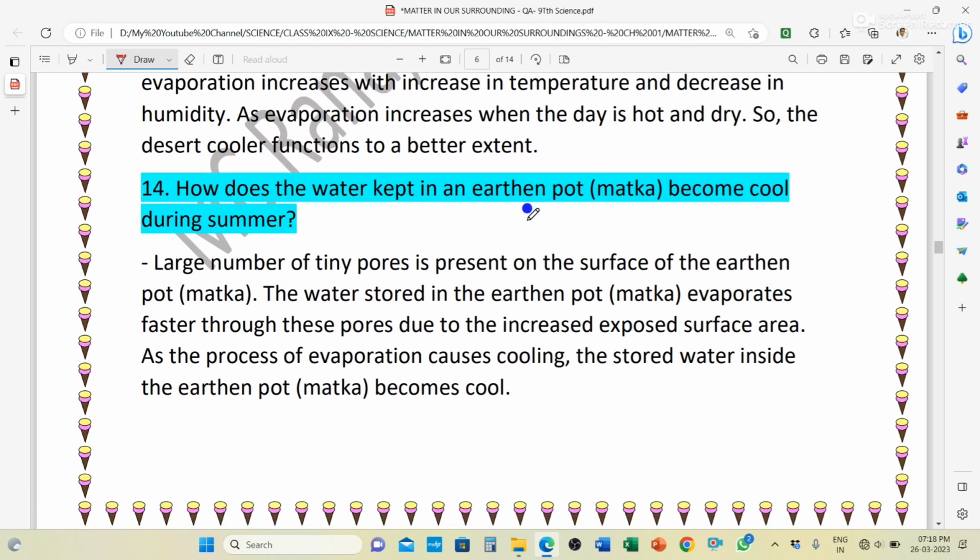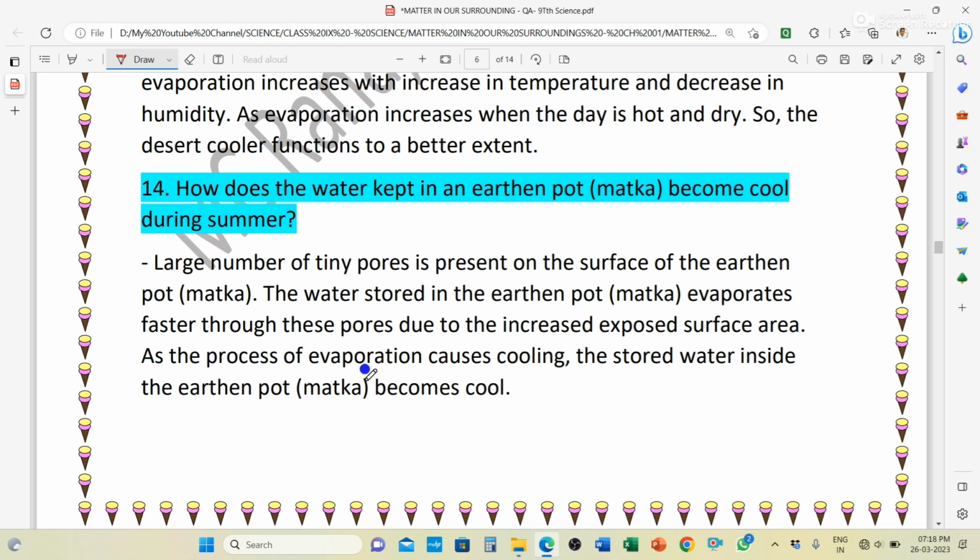How does the water kept in an earthen pot, matka, become cool during summer? A large number of tiny pores are present on the surface of the earthen pot. The water stored in the matka evaporates faster through these pores due to the increased exposed surface area. Because if you increase the surface area, then the rate of evaporation will also increase.